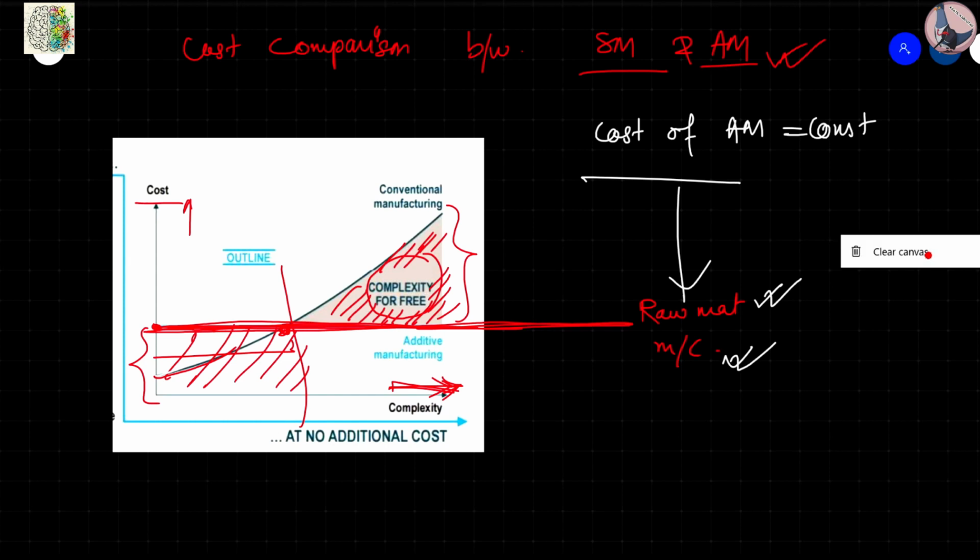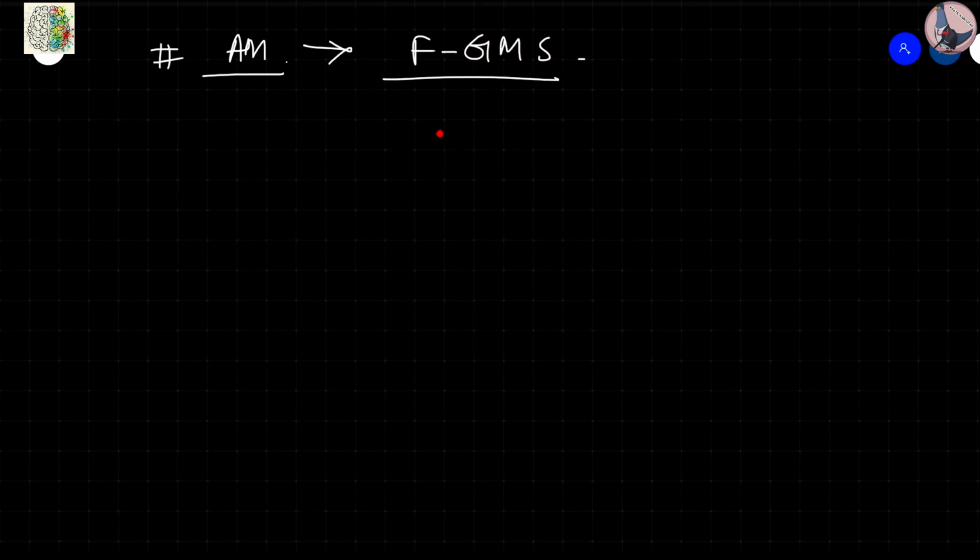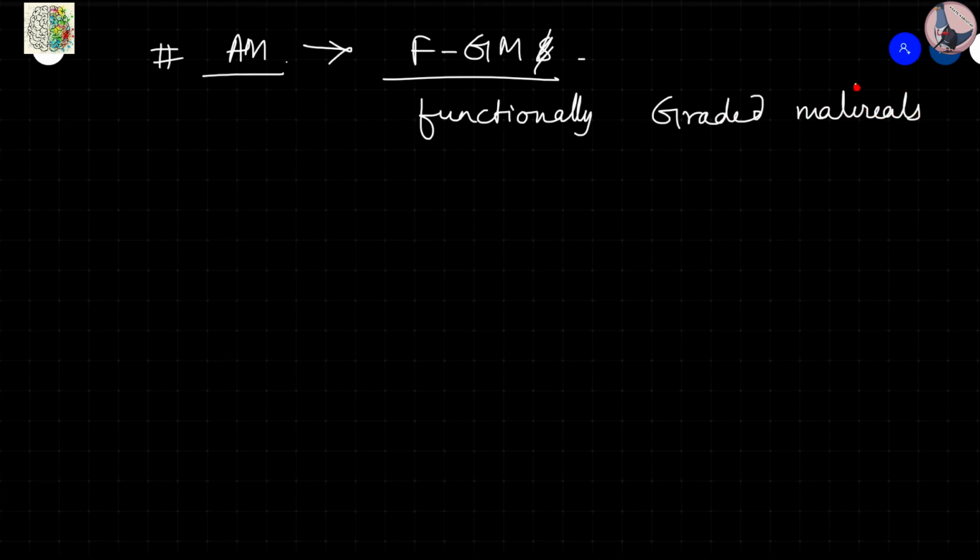Okay. Next point is a very important point: by using additive manufacturing, you can achieve something called FGMs. FGMs stands for functionally graded materials, not FGMS.